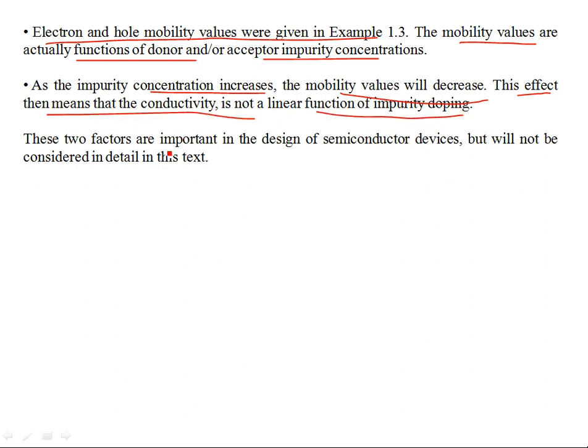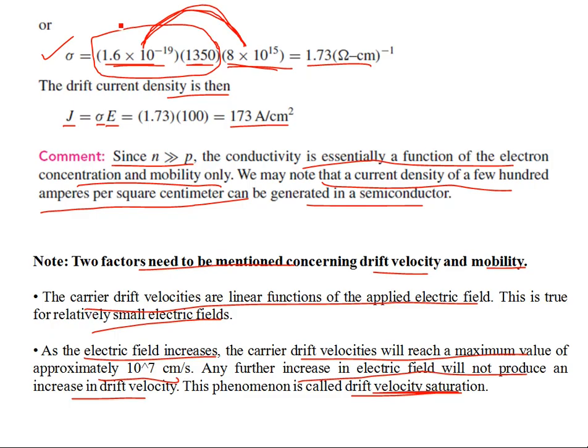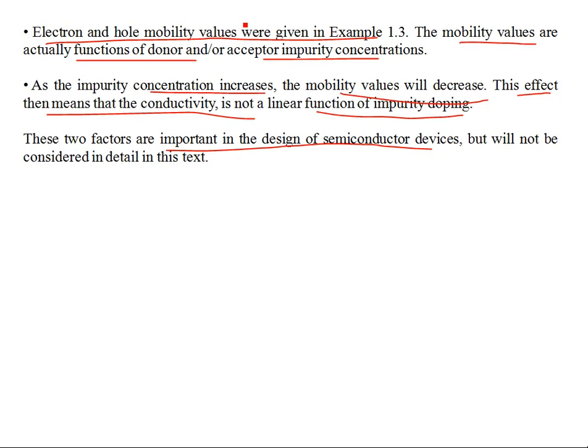These two factors are important in the design of semiconductor devices. Yes, the conductivity depends on the amount of charge and the mobility of the free charge carriers in an N-type or P-type material, but if you keep increasing the impurity concentration, the mobility also decreases.